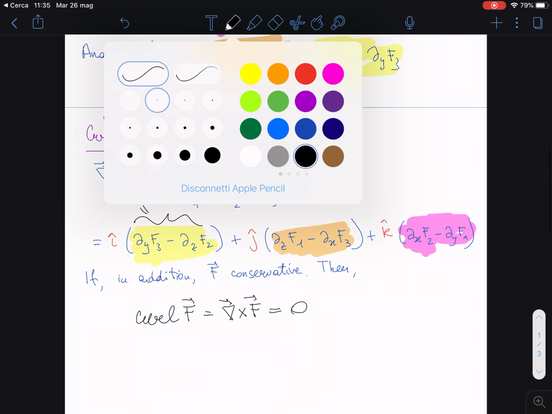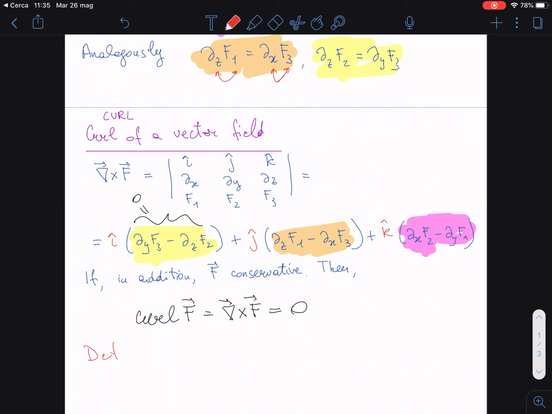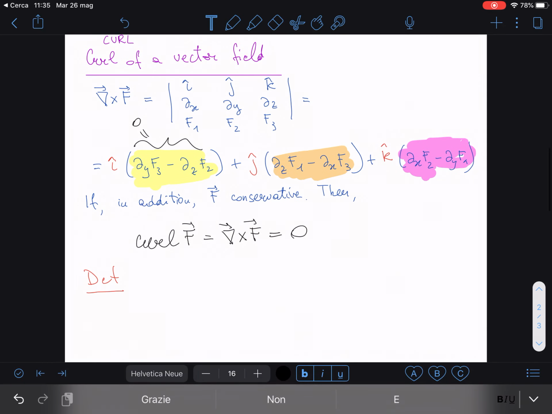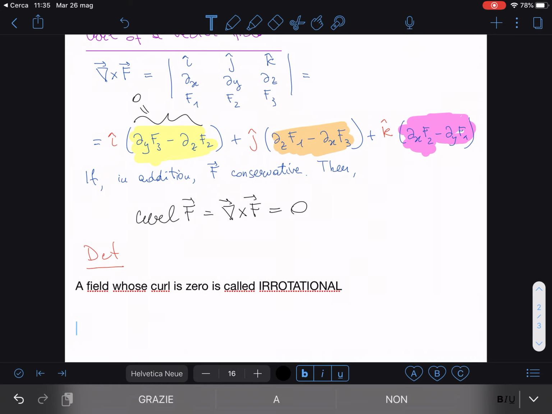Let me give here a definition. A field whose curl is 0 is called irrotational. And then here we have first a theorem, but it is a small theorem.